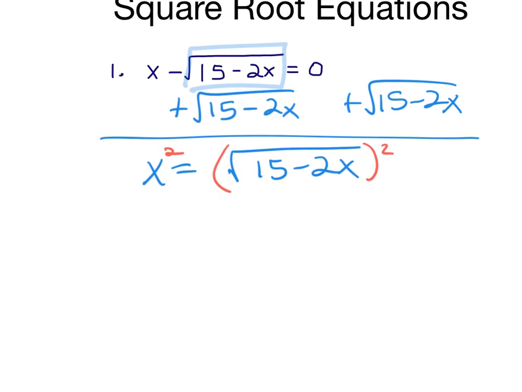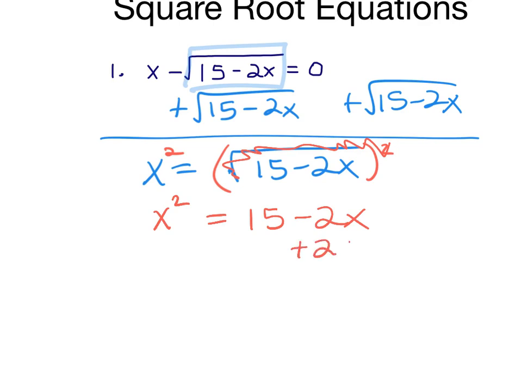Remember, when you square a radical, it makes it disappear. So the 15 minus 2x comes out of the square root symbol, or the radical sign, and then this side stays x squared. I now need to put it into a form where I can solve for x. So I'm going to put it in standard form, and then I'm going to factor it.